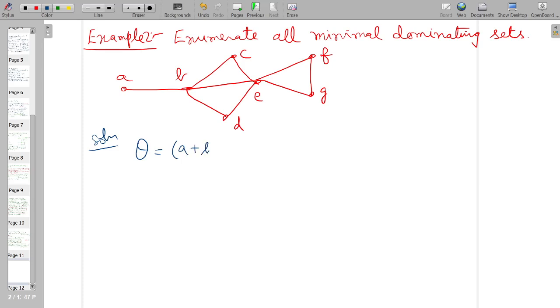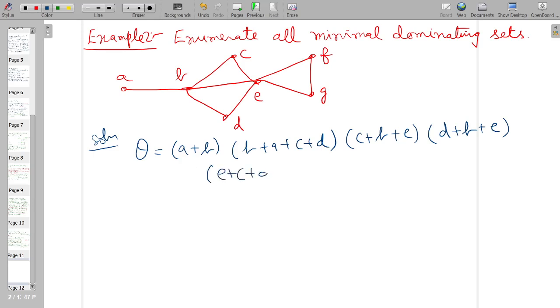I will have A plus B for A, B plus A plus C plus D for B, C plus B plus E for C, D plus B plus E for D, E plus C plus D plus F plus G for E, then F plus E plus G for F, and G plus F plus E for G.